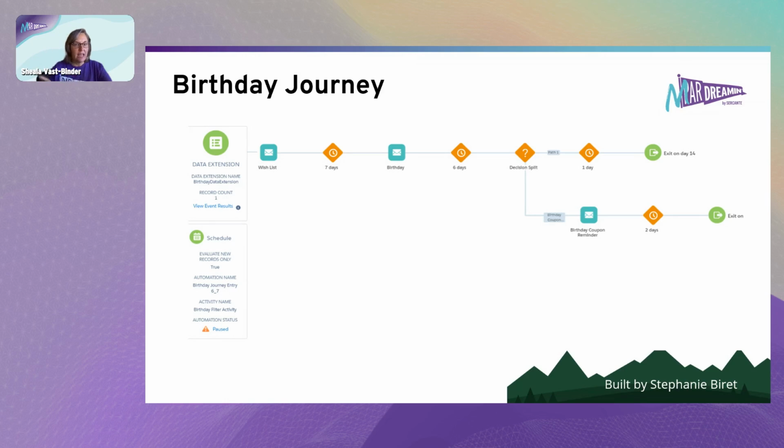We wished them a happy birthday, and then depending on whether they bought something or not, we send them a coupon reminder, because in our birthday email, we sent them a coupon, just like many places do. And if they didn't use it, we send them a reminder saying, hey, it's going to expire in a couple of days. Make sure that you use your birthday coupon. So again, a way of increasing sales.